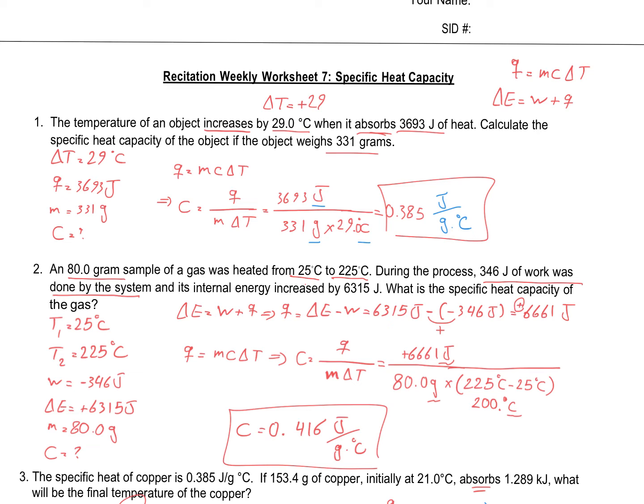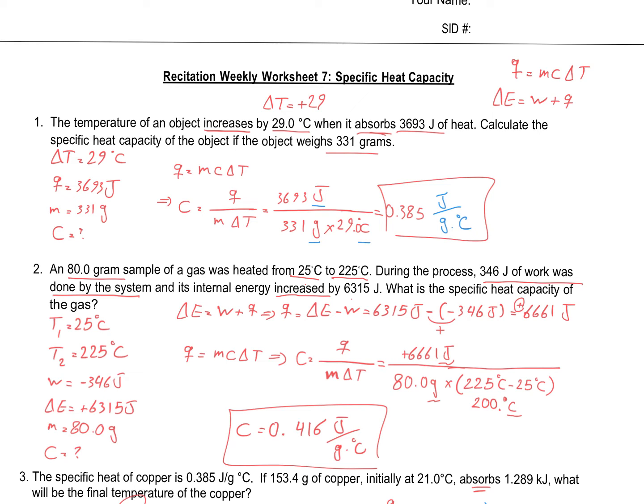And the internal energy increases by 6,315 joule. It says increases, so it should be a positive change. So delta E is plus 6315 joule. And it's asking us to find the specific heat capacity of the gas.